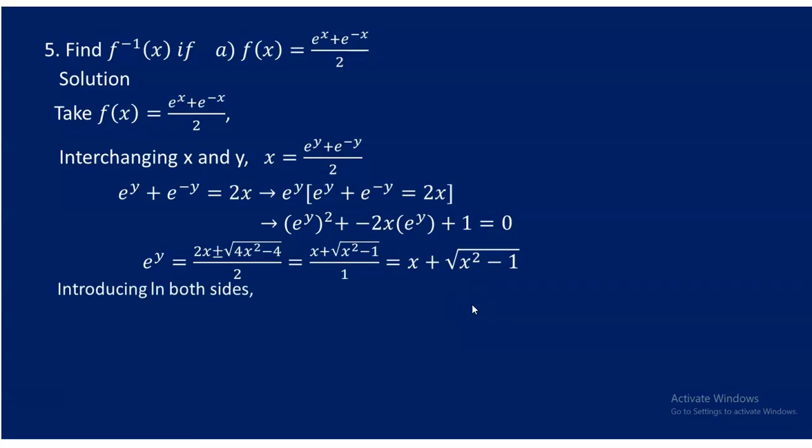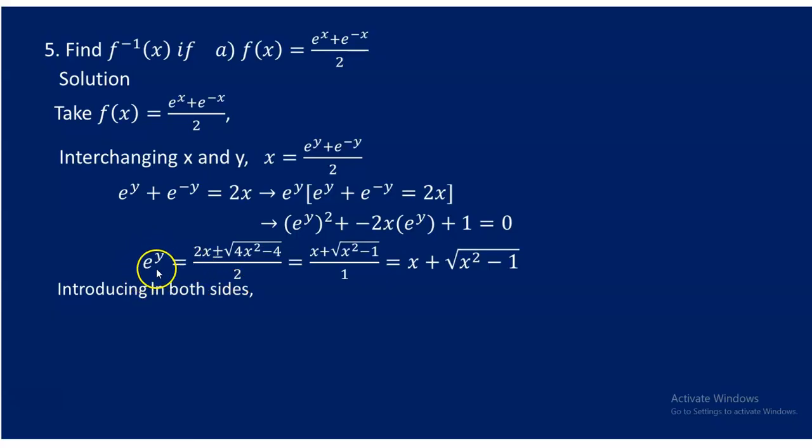Now look here. Our interest is to have y equals a certain expression of x. But here, y has appeared as an exponent. And remember, to bring the exponent y downward, we need to introduce a logarithm on both sides. And a logarithm of base what, students? What is the base here? e.